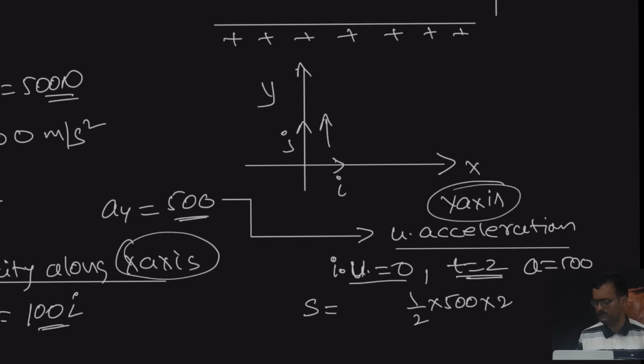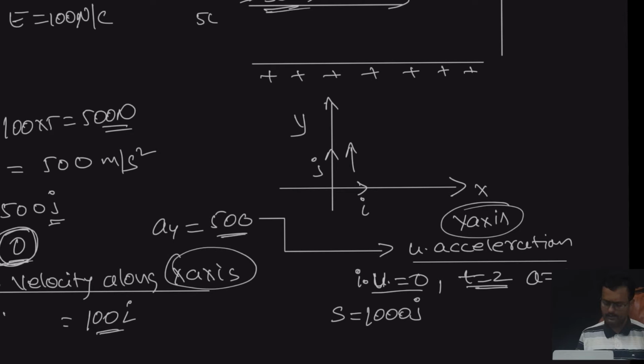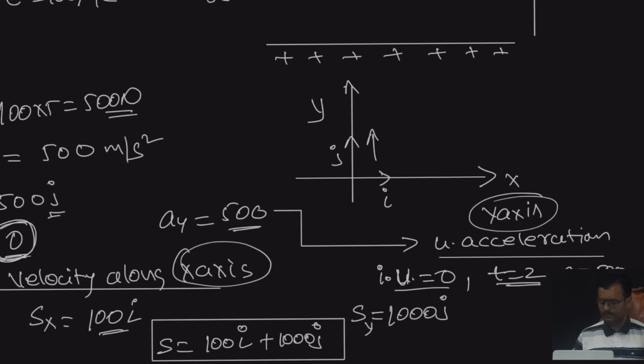So t square means 2 square, that is 4. Half of 4 is 2, so 2 into 500 is 1000. So this is 1000 J. This is the displacement along the x-axis and this is along the y-axis. So total displacement is 100i plus 1000j. So this is the displacement vector.